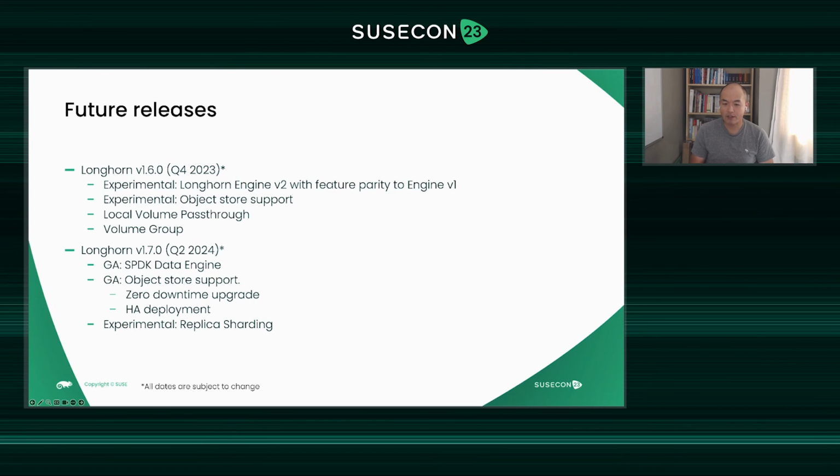It's very exciting for me to see how far Longhorn has come, and with SPDK, object store, and sharding down the road, I'm really excited to see more users using it, loving it, and giving us feedback.